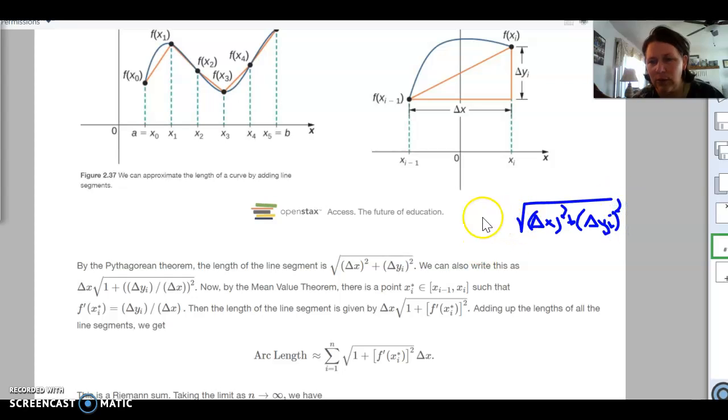Now let's multiply that by the square root of delta x squared over the square root of delta x squared. So we're just multiplying by 1, the same thing top and bottom. Now I'm going to leave this one out in front.